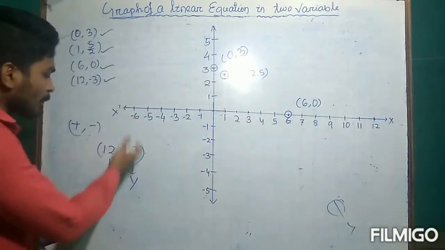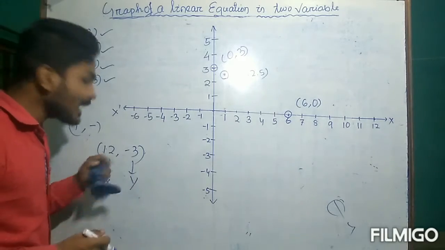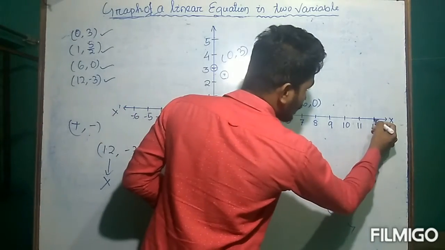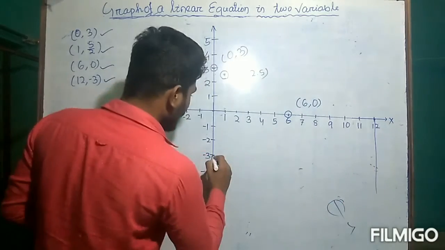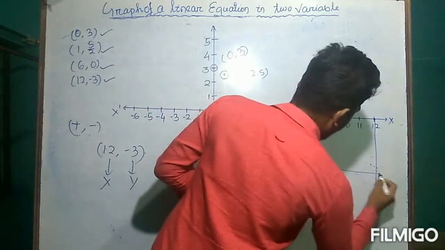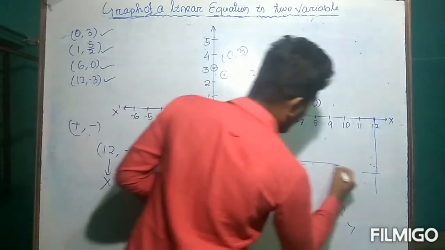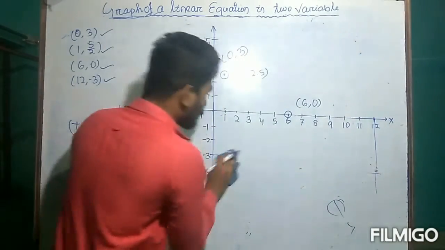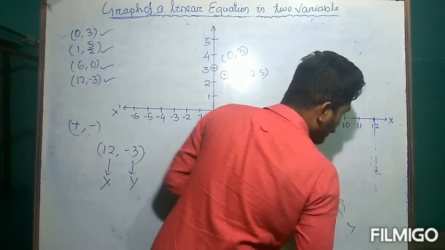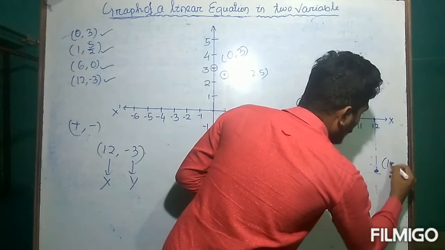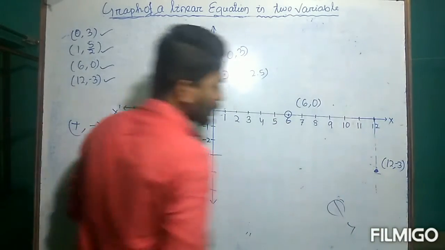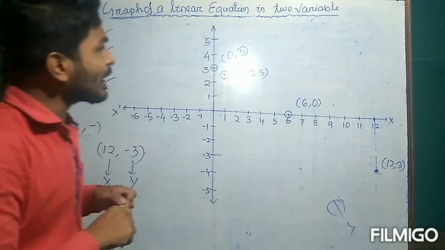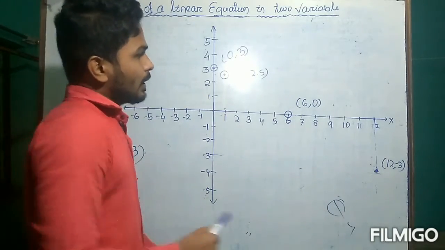And in the y-axis you have to move down because it has a negative sign, up to 3 units. Now, these two lines will meet at a point, and that point denotes 12, minus 3. We are already acquainted with how to represent a point on a Cartesian coordinate system.